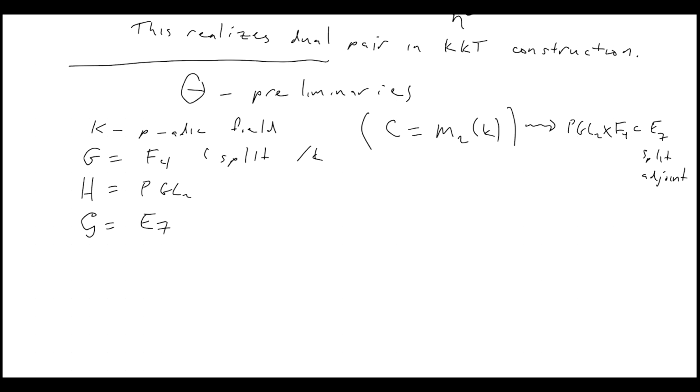F4 has a 26-dimensional representation, which is the trace zero part of the Jordan algebra, which has 27 dimensions. We can talk maybe more at the end. It's very technical.